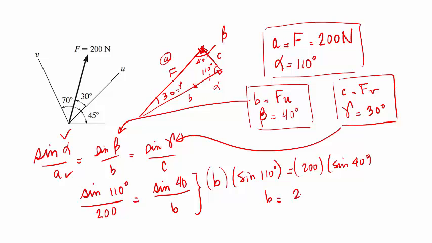So B would be equal to 200 sine of 40 degrees divided by sine of 110 degrees.